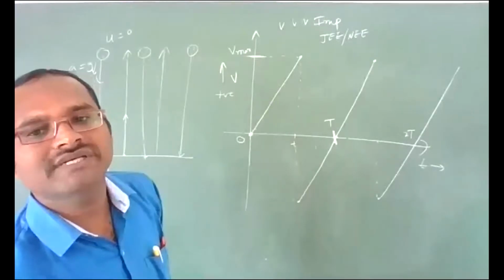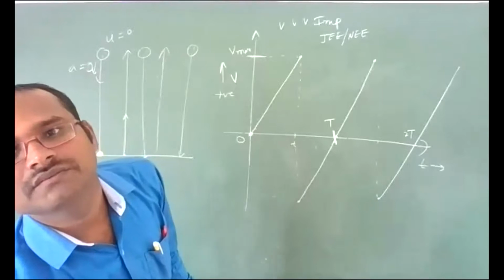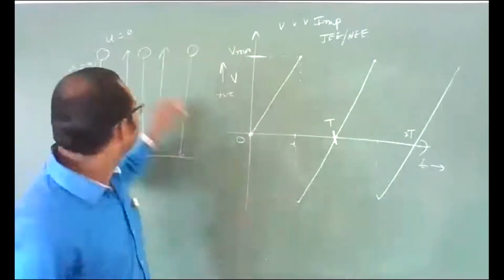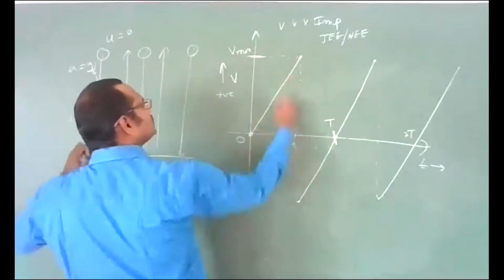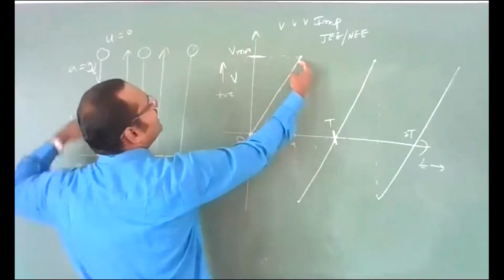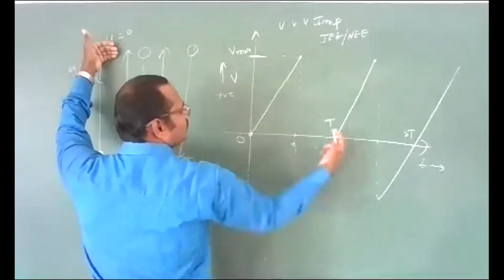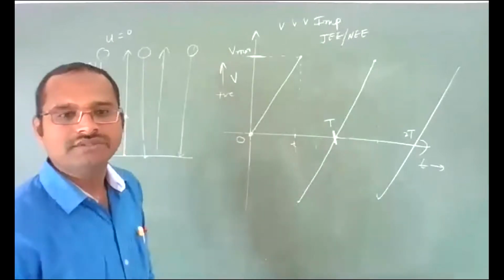Any doubt, students? They are saying that downward is taken positive. Yes, downward is taken positive, then upward should be negative. Upward is negative. Still any doubt?